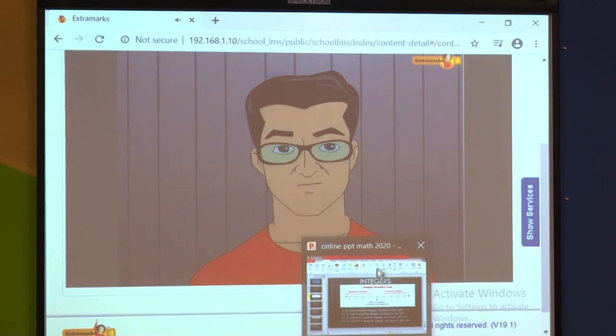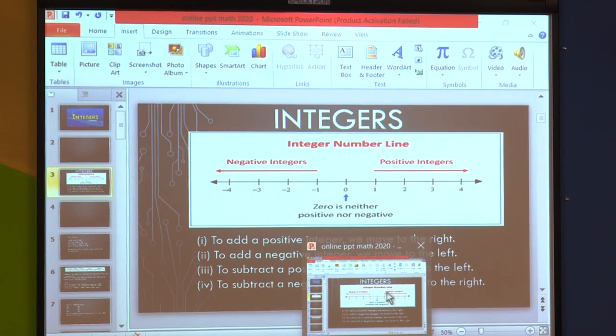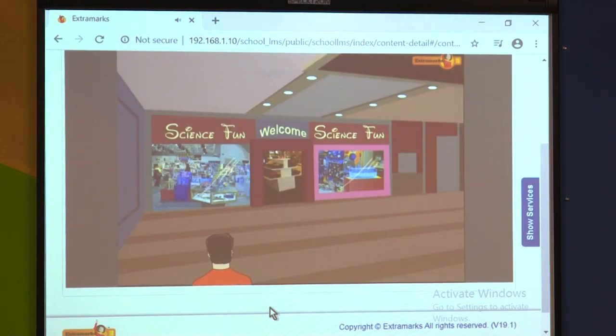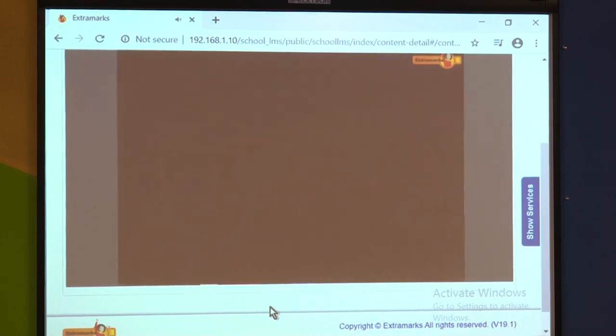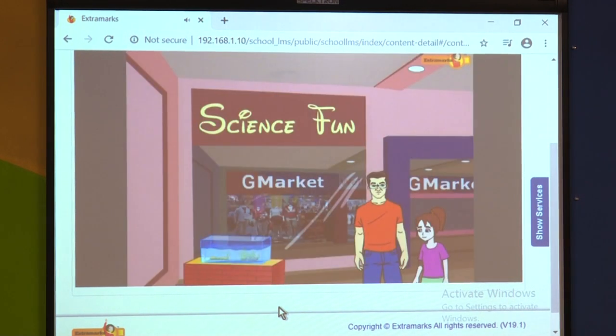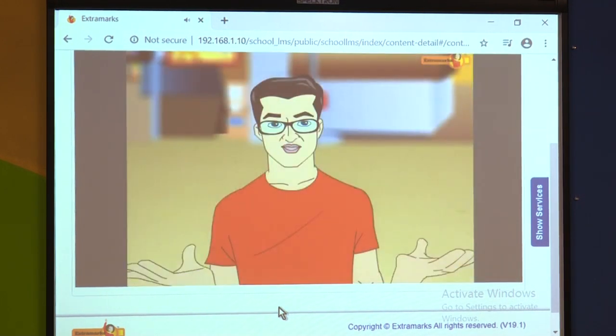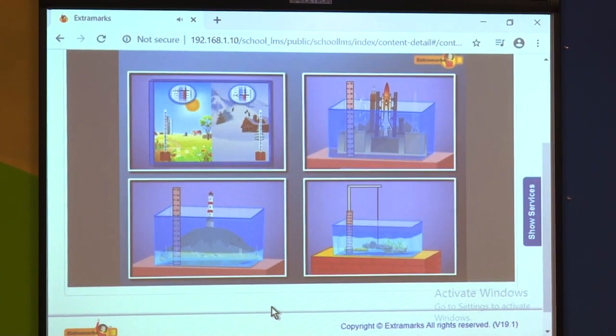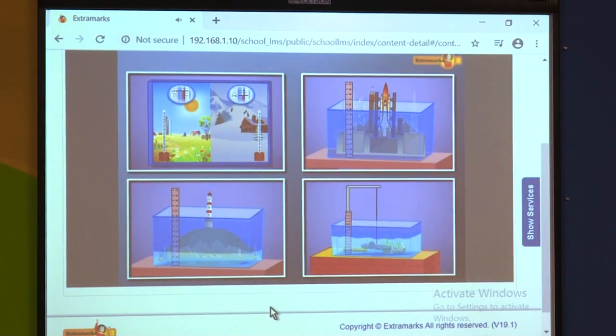Yes, baby. Kathy, look here. Integers are widely used in daily life, as shown here.